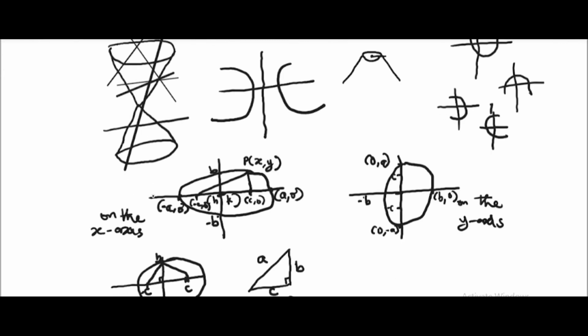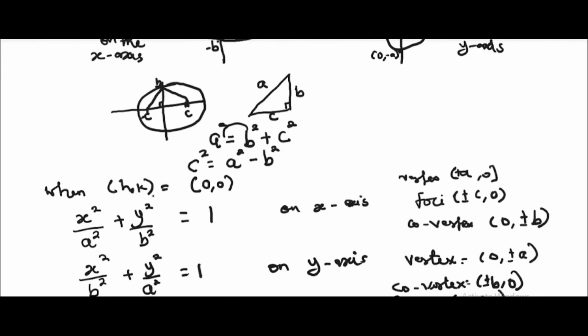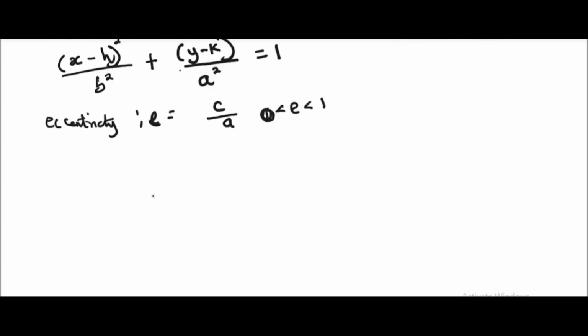Are you getting it? So that is the eccentricity. For a circle, the eccentricity is 0 because there's no distance or difference between a circle and the center of the cone where the plane has cut the cone.